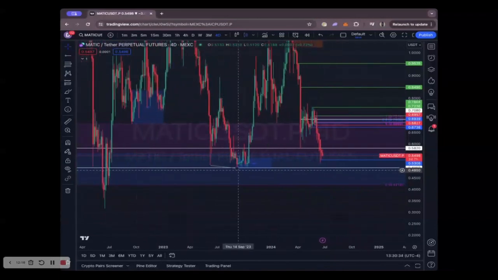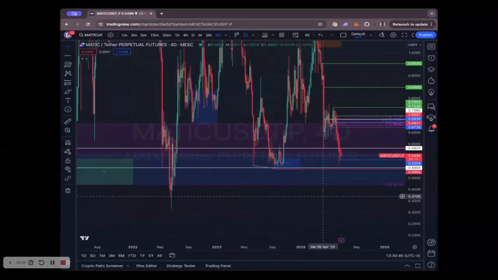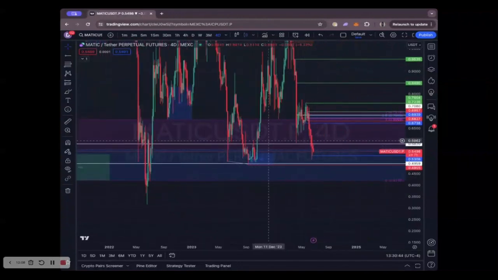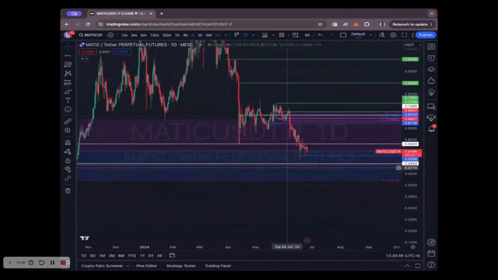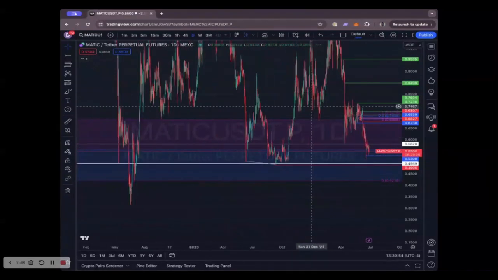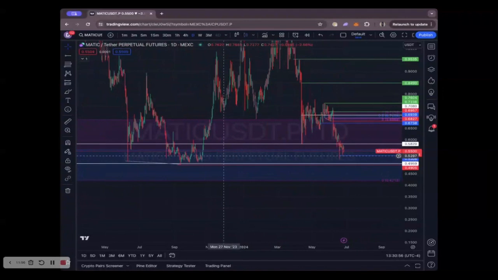Basically anything lower than 48 cents. This is just at a glance. I would probably be looking to wait for the reaction at least 53 cents. So I still wouldn't long just yet, but it does look good on the high time frames.